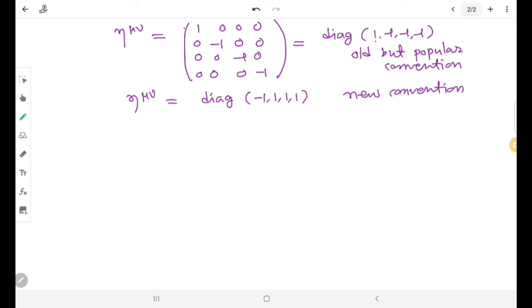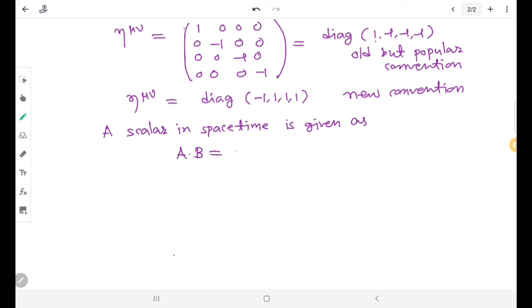Yeah. So eta mu nu is known to you, right? Now a scalar in space time is given as A dot b. So this is a scalar.